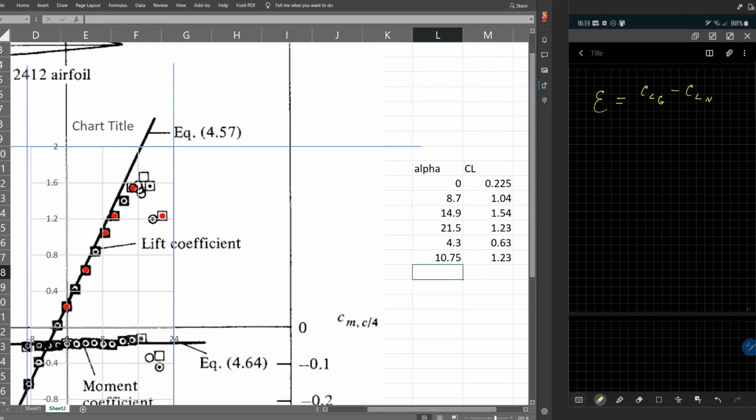So it's basically how distant the numerical point is from the graphical point, and it will be divided by the maximum value of CL. So once we take the difference, we always have to divide by the maximum possible lift coefficient. And it should be less than or equal to 5%.